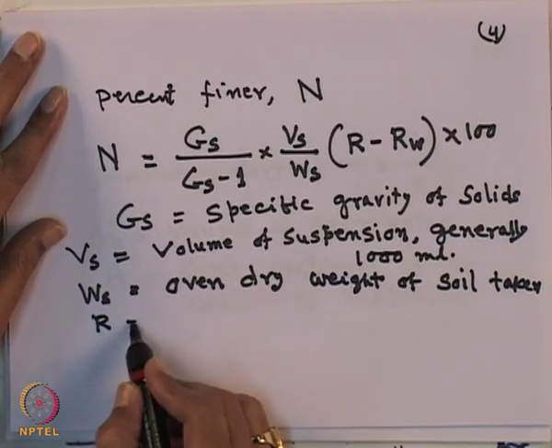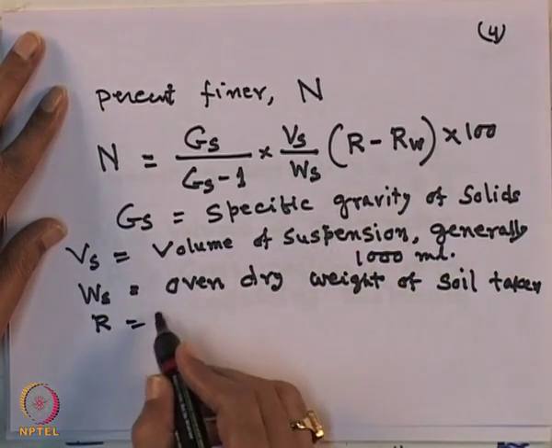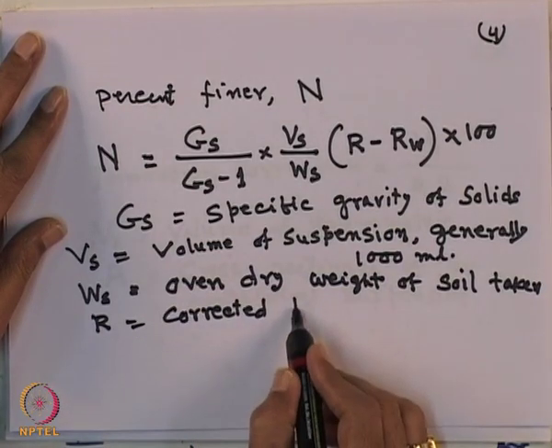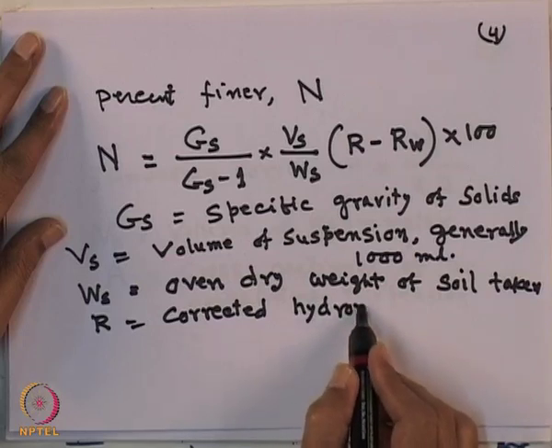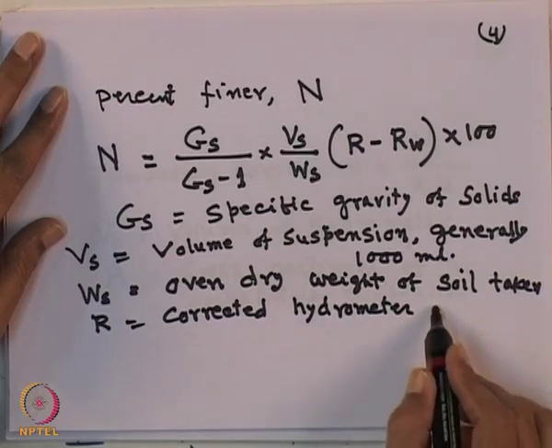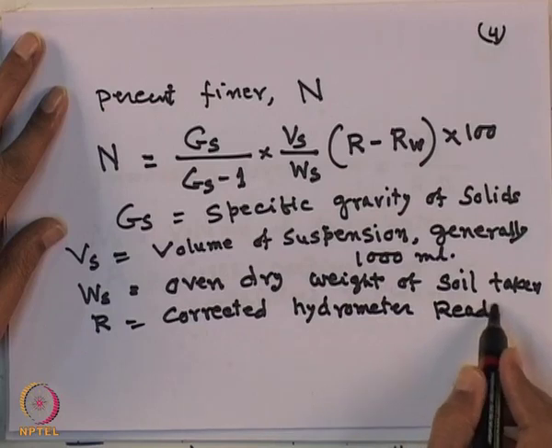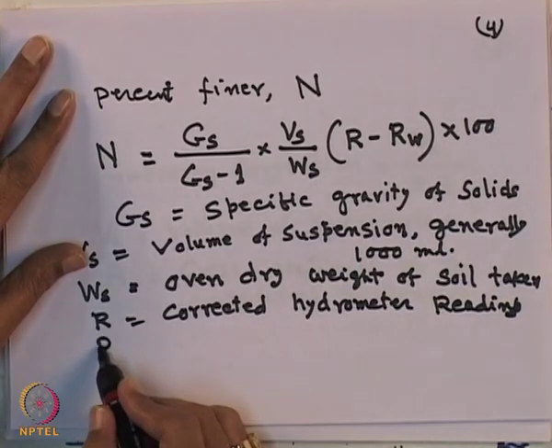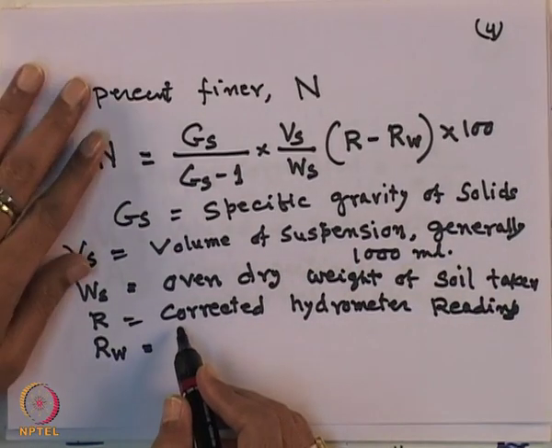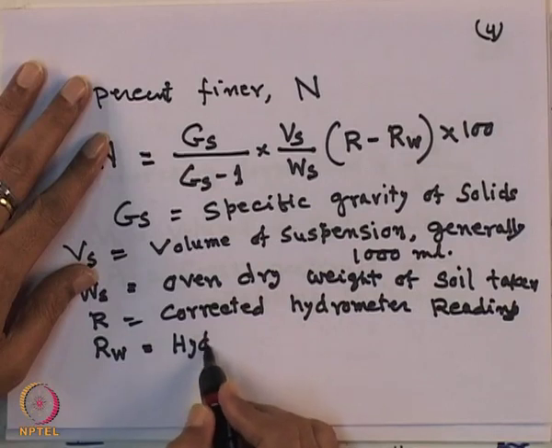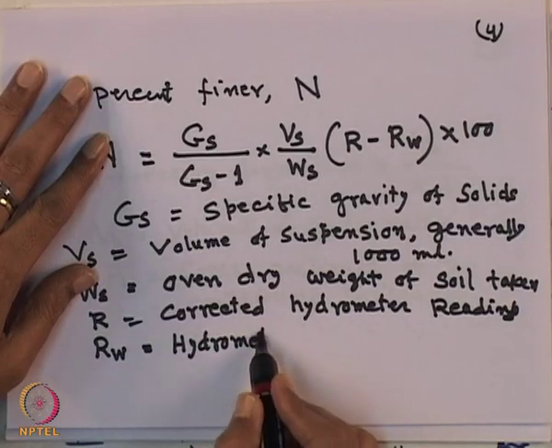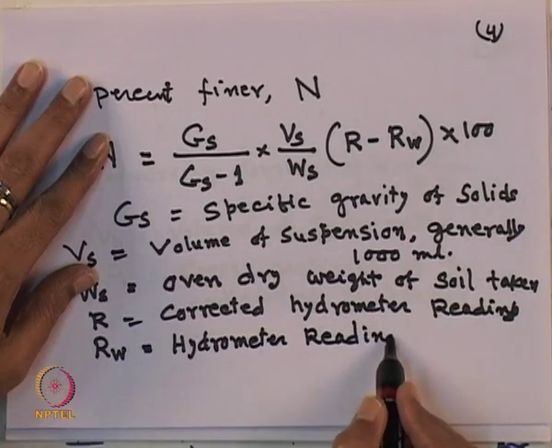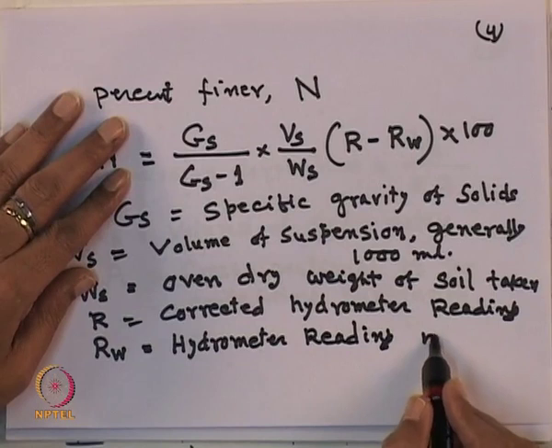And R is the corrected hydrometer reading, and Rw is the hydrometer reading in clean water.